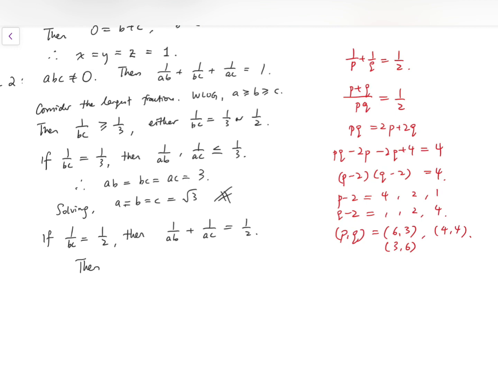Okay, it's the larger one, put it in front, it's either 6/3 or 4/4.